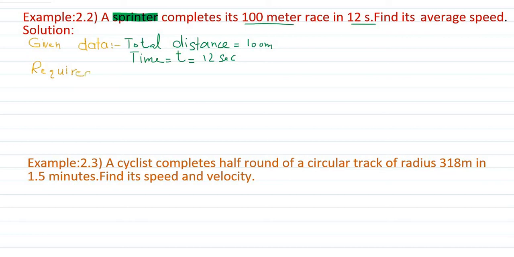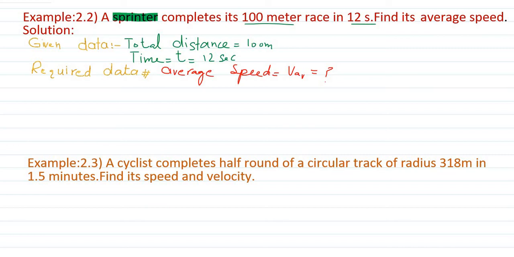You can write the required data and given data with markers, and this theory you can write with your pen. Here we have to find the average speed, that is denoted by VAV, average speed.